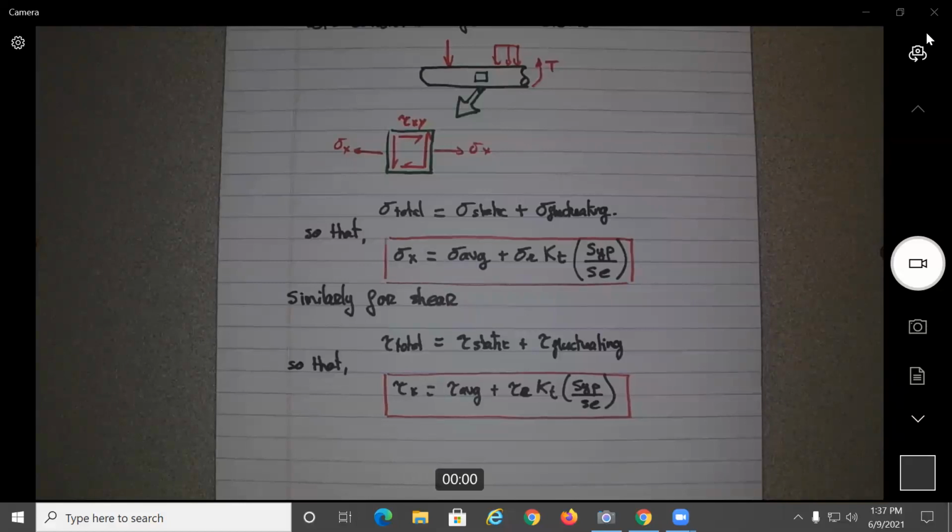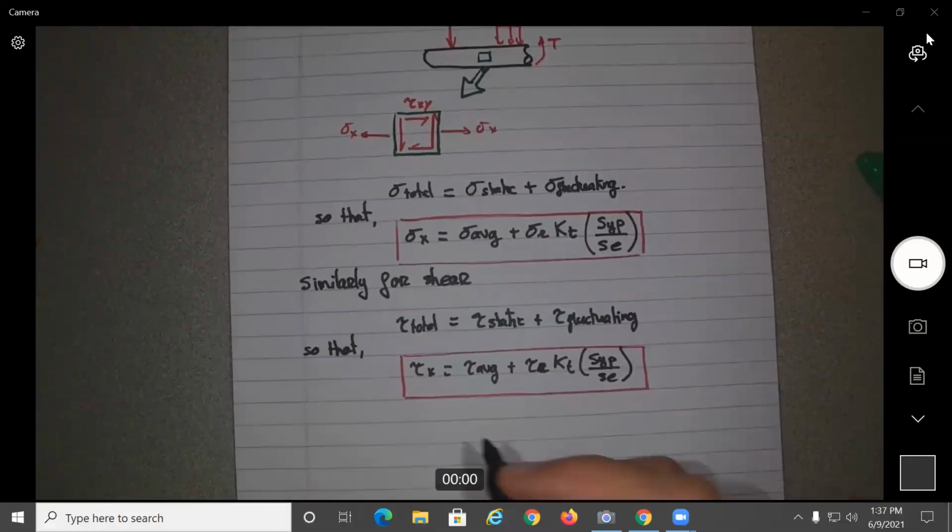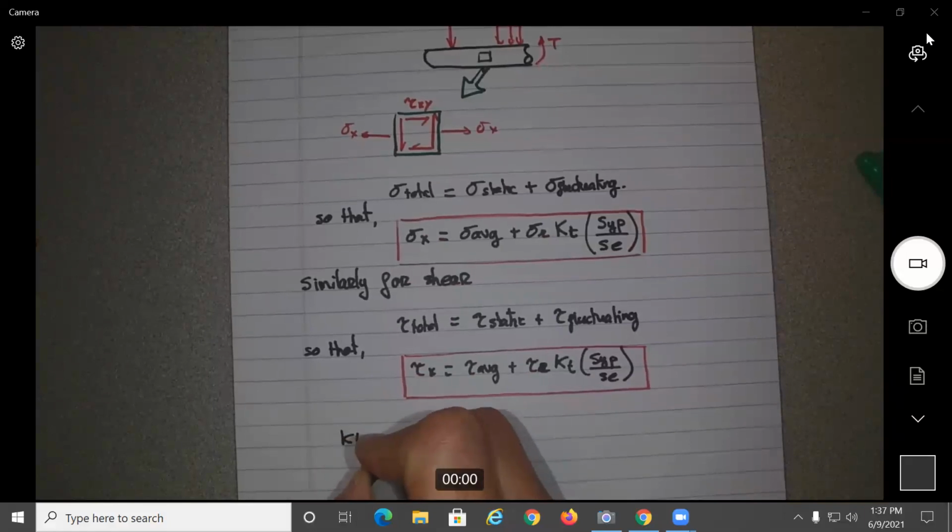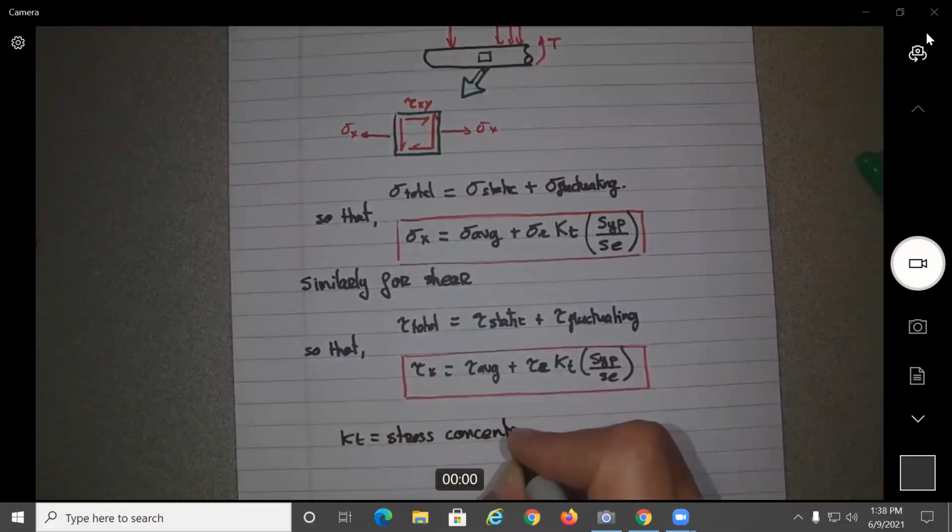All right, so in this equation, we say that K sub t will be the stress concentration factor due to any irregularity on the geometry.